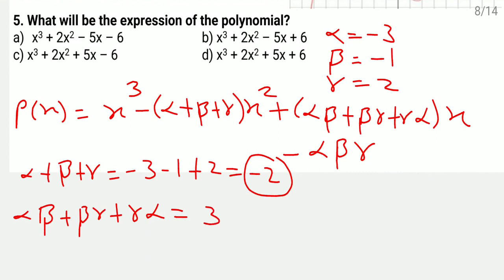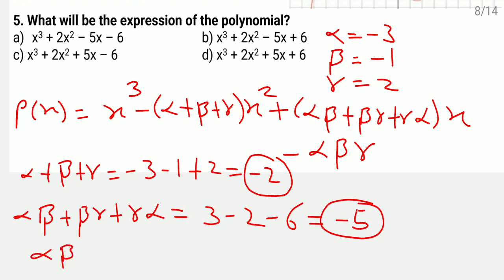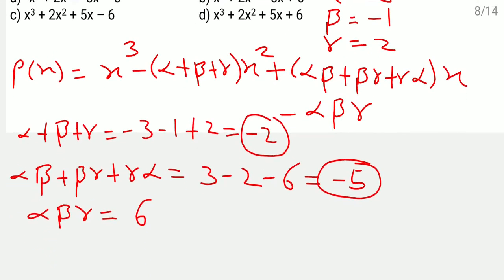Beta into gamma, minus 1 into 2 is minus 2. And alpha into gamma, minus 3 into 2 is minus 6. So answer comes as minus 5. And alpha into beta into gamma, directly the product of minus 3, minus 1 and 2, it comes as plus 6. I just need to substitute these values in the given format.